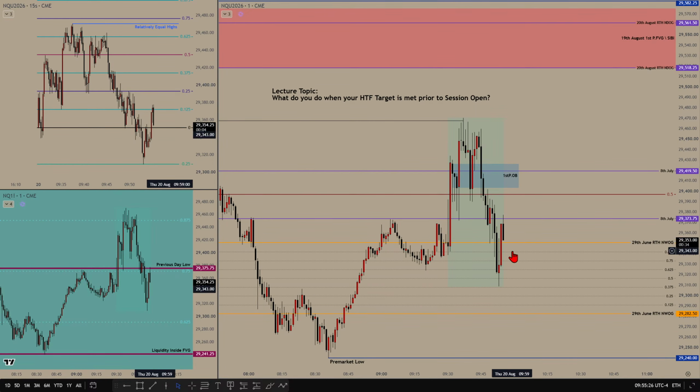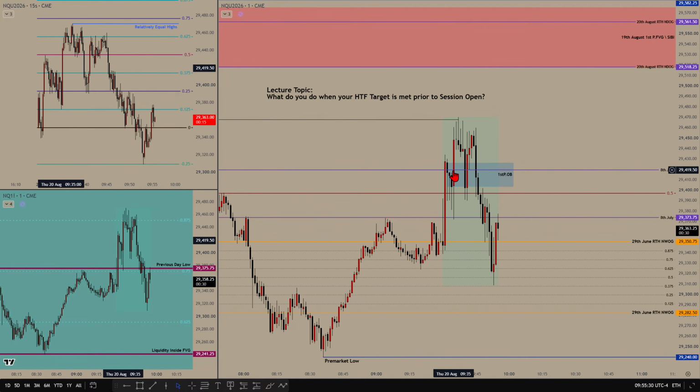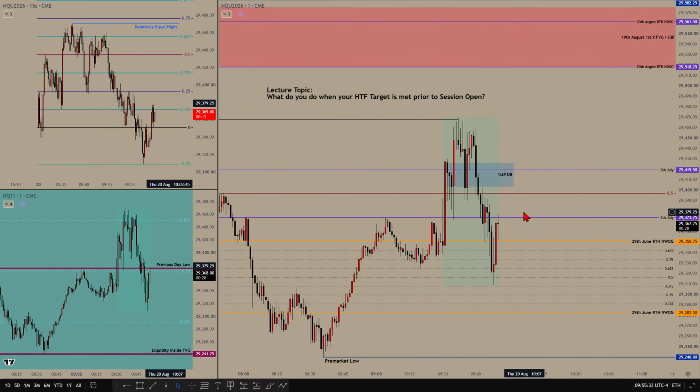I want to see a bullish fair value gap form because we haven't got one other than this, but that was inside the consolidation.